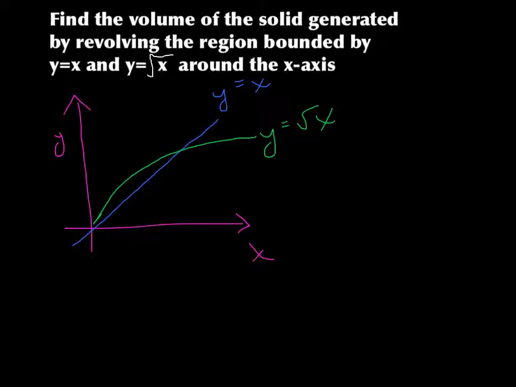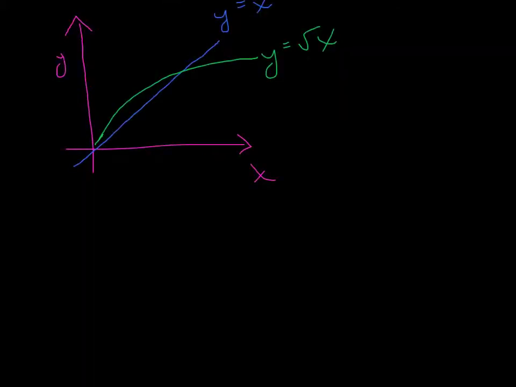So what we need to do is revolve this around the x-axis and find the solid that it forms. It's easier to get a better idea of what you're doing when you just draw the whole figure out. So the outside is going to come around like this since you're revolving around the x-axis.